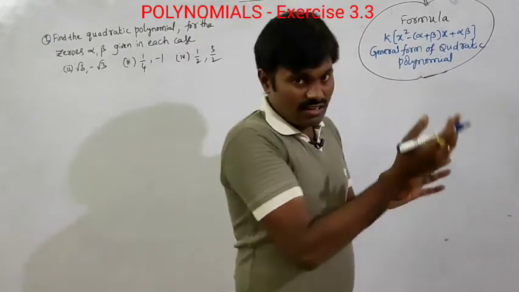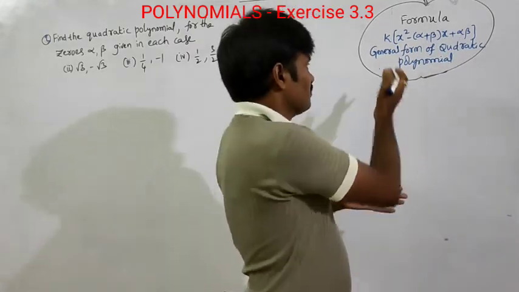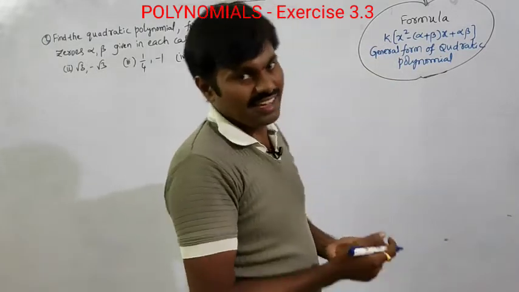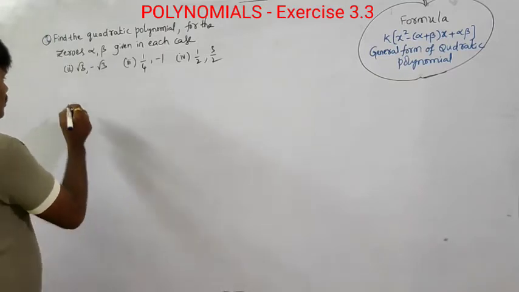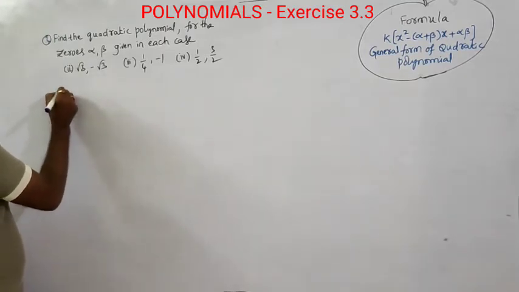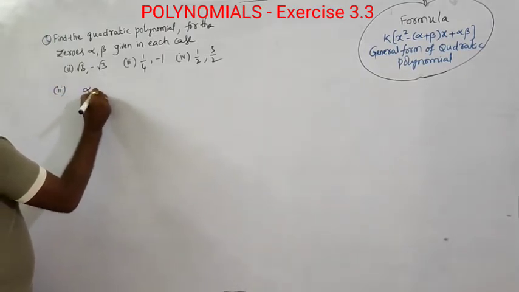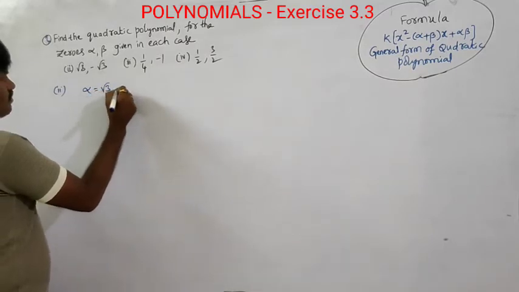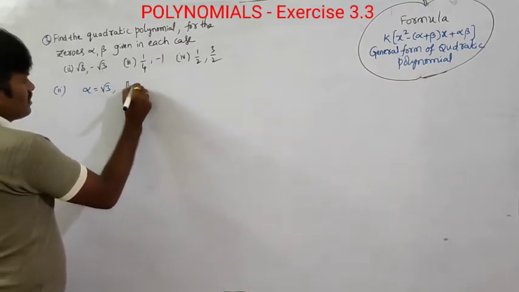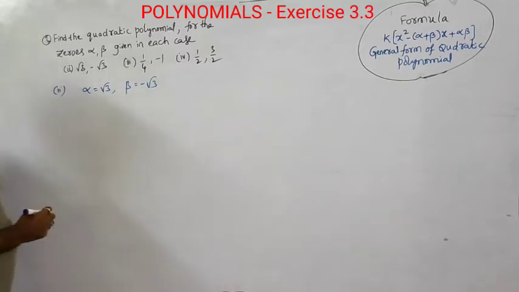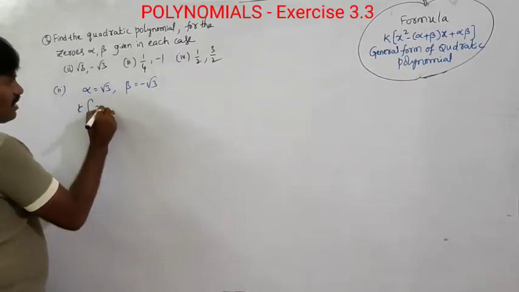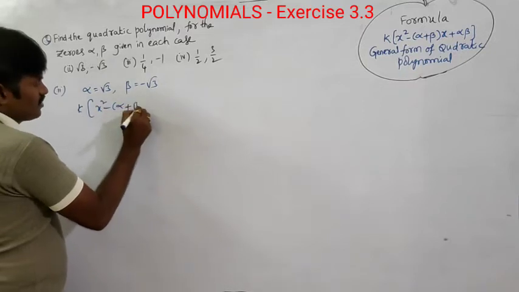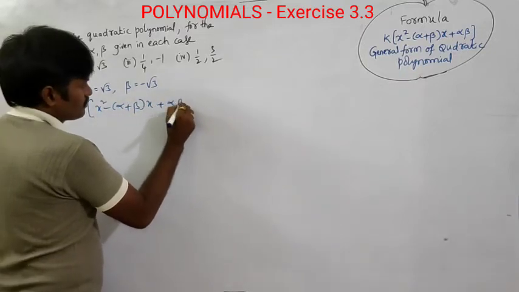Since it is not a quadratic equation, we have taken some coefficient k, which is any constant. So in this problem, let us consider root 3 as alpha and minus root 3 as beta. Now what is our formula? K of x square minus alpha plus beta into x plus alpha beta.